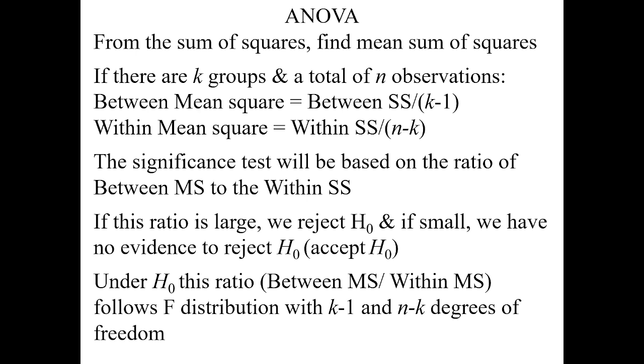So if this ratio is large, you reject the null hypothesis H naught, and if small, we have no evidence to reject H naught.